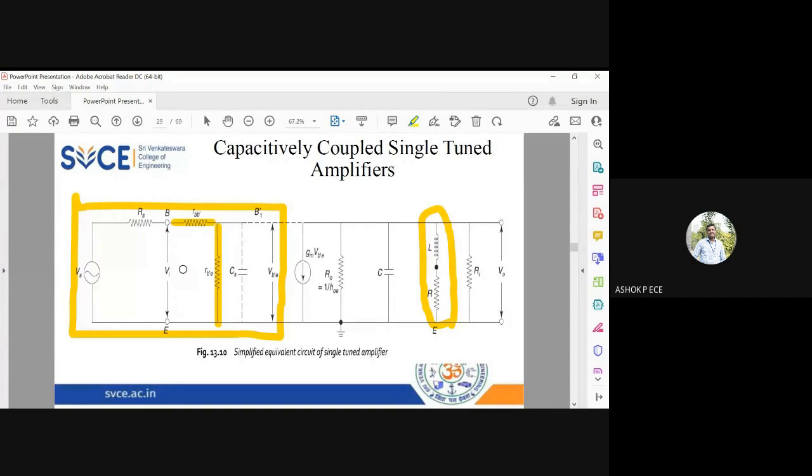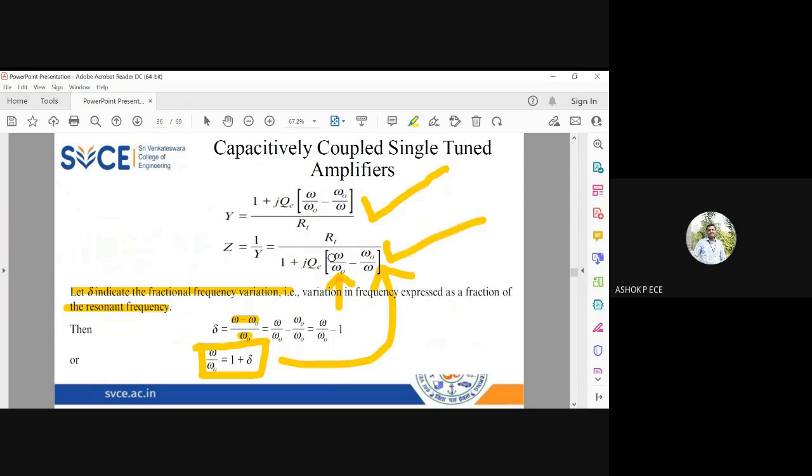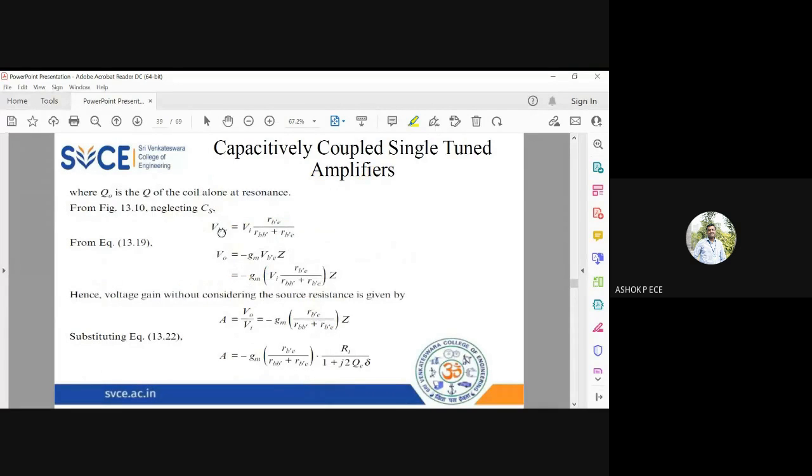I'm applying the voltage division rule because I need to bring V in somehow. V out by V in will be the gain, right? So I need to bring V in inside my expression. So I am going to apply the voltage division rule on the input side of my transistor equivalent circuit. Vb dash e is equal to total voltage into that resistance divided by that resistance plus the opposite resistance.